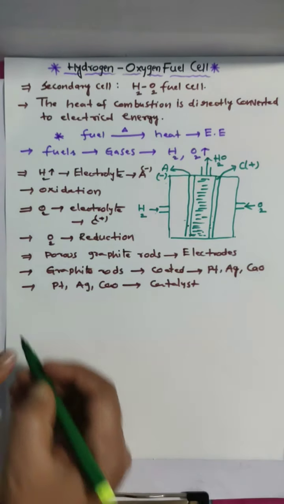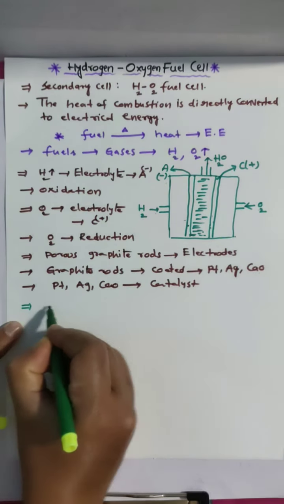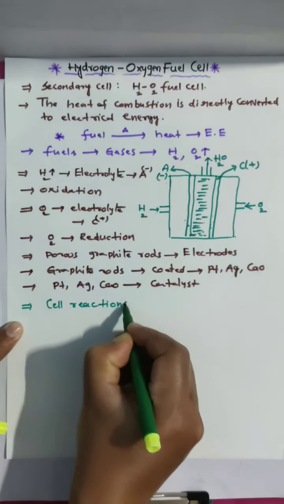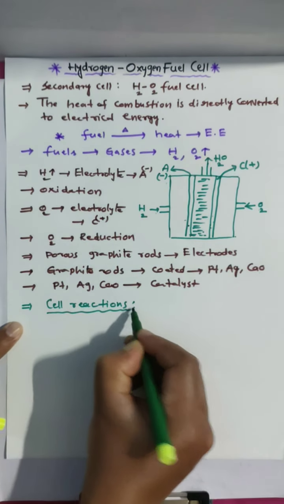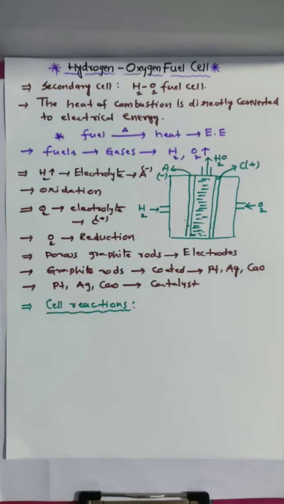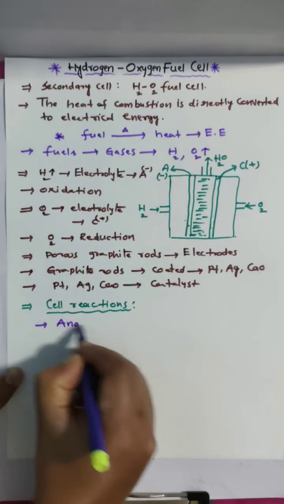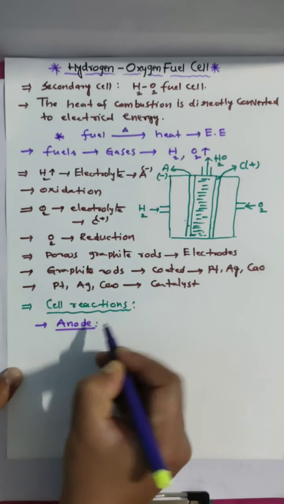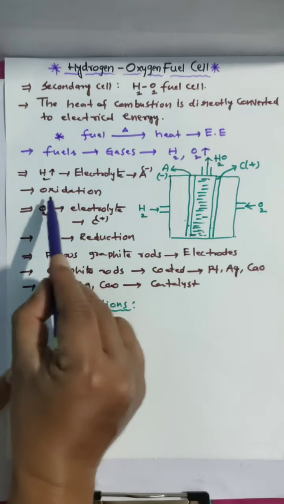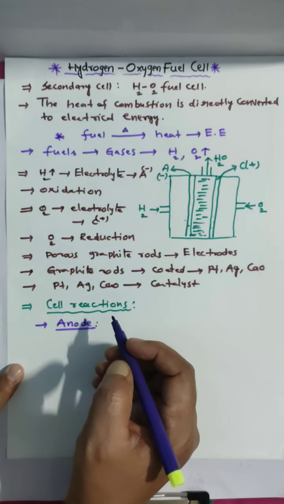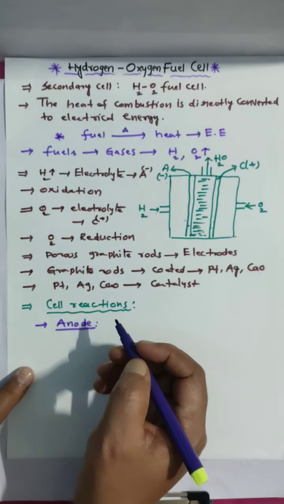Now we have to discuss the cell reaction. This is very important. Cell reactions, in primary or secondary cells, are very important. I am explaining the cell reactions to you. First, the reaction at the anode. At the anode, as I already told, hydrogen undergoes oxidation. Oxidation means loss of electrons, or so many definitions we have.